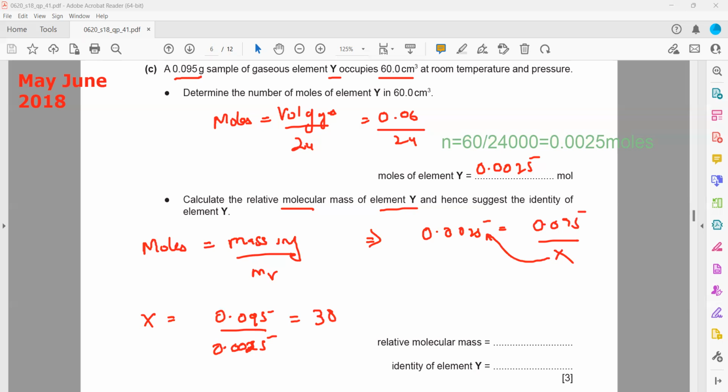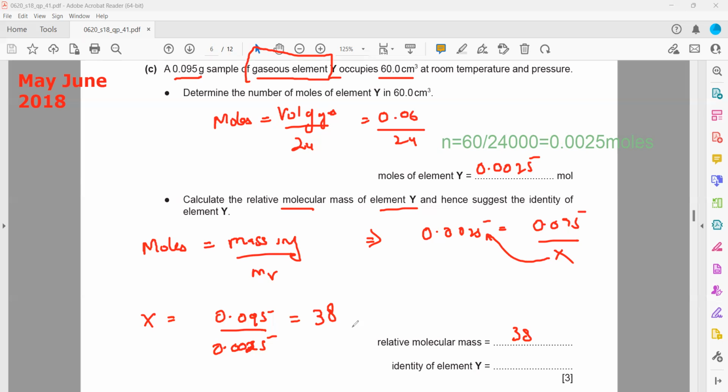So the relative mass we got is 38. Then they mention a sample of a gaseous element. If it's a gaseous element, it means it should be a non-metal, and diatomic.